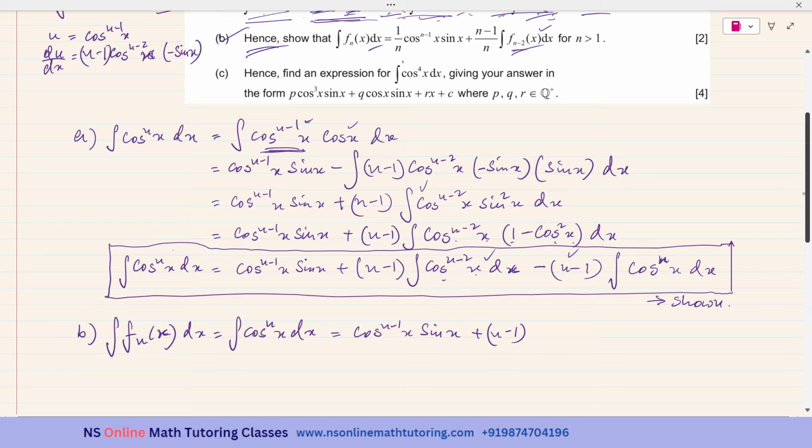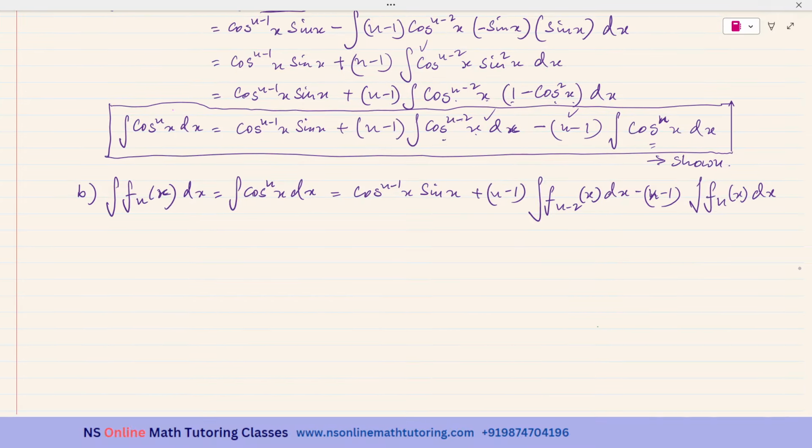Okay, so this will be equal to the integral of fn minus 2 x dx, and this one is minus (n-1), and this is again fn of x, so the integral of fn of x dx. This is fn of x, this is also fn of x.